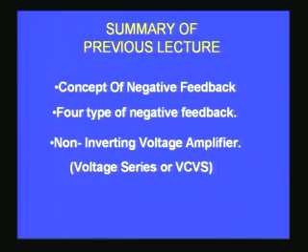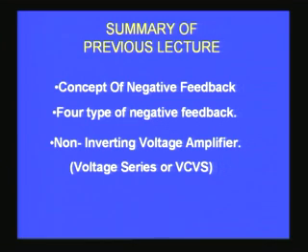We discussed all these 4 types of negative feedback, and then we took one typical example of one of the feedback circuits, which is a non-inverting voltage amplifier, where the output voltage is sensed and given as voltage in series with the input, and therefore the effect of that, as you might recall, is to increase the input impedance and decrease the output impedance so that it becomes much closer to an ideal voltage amplifier.